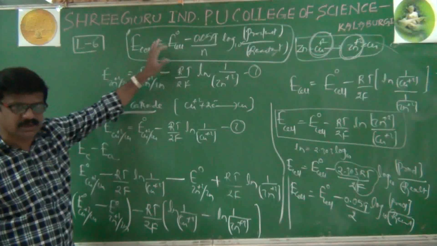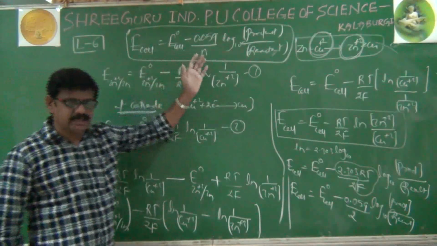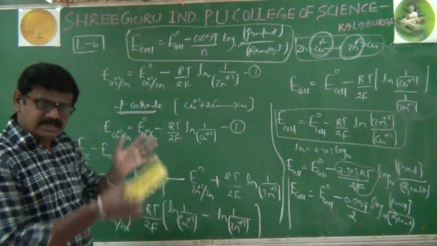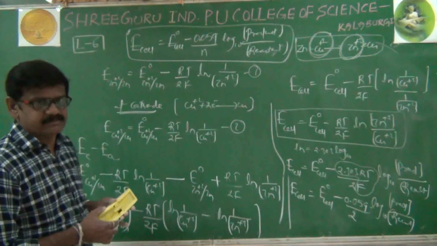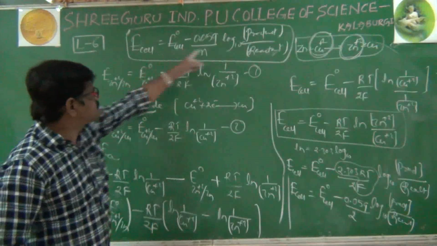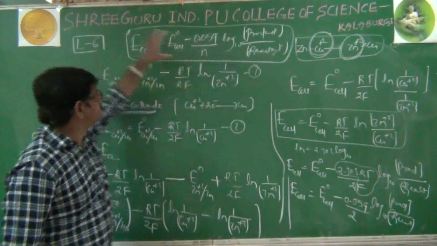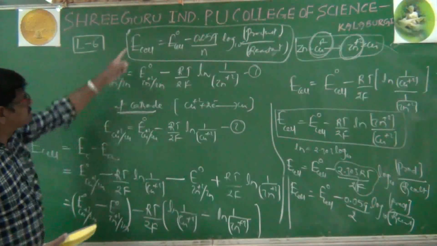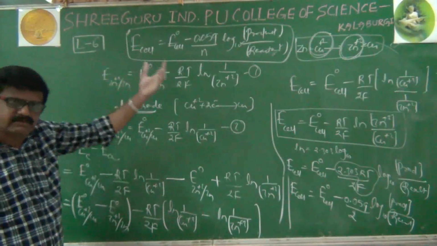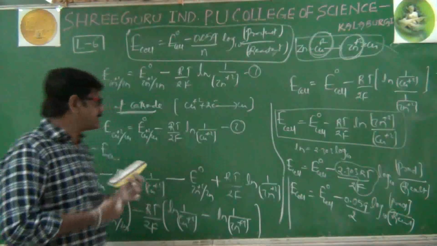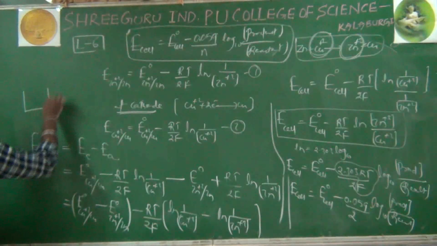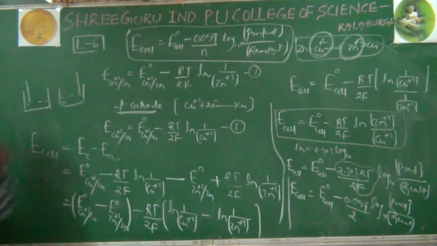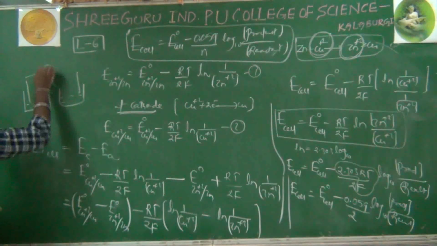This formula is derived exclusively by using the Nernst equations of single electrode potentials. If you use this formula, we directly get the cell potential. Otherwise, we can also solve for cell potential by another method. Here it is one electrode, and it is another electrode, and both are connected.